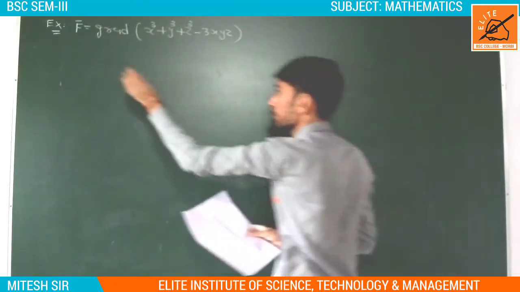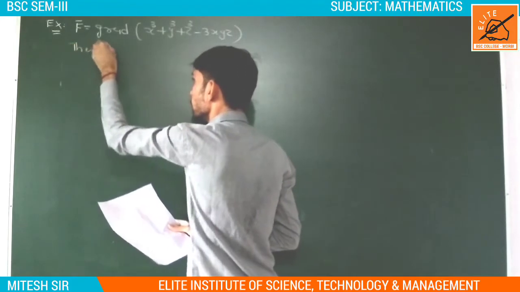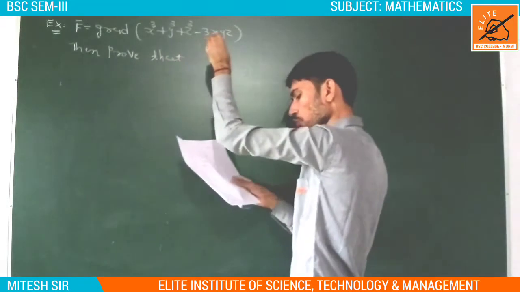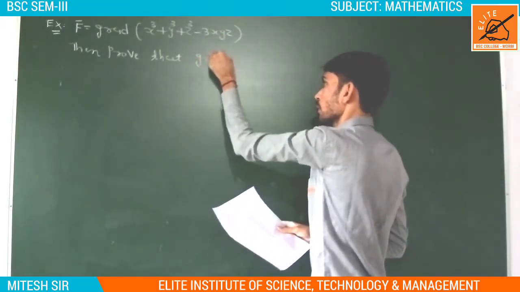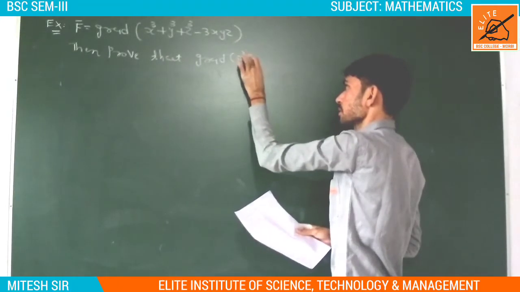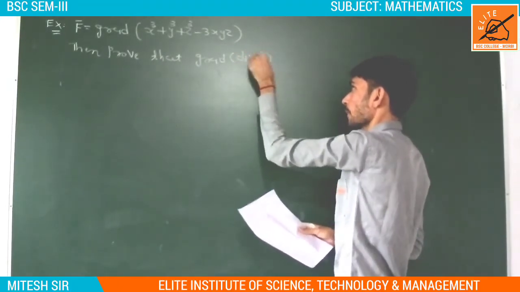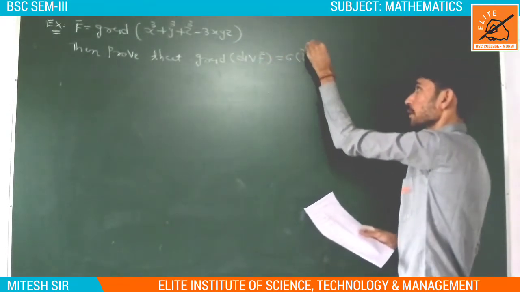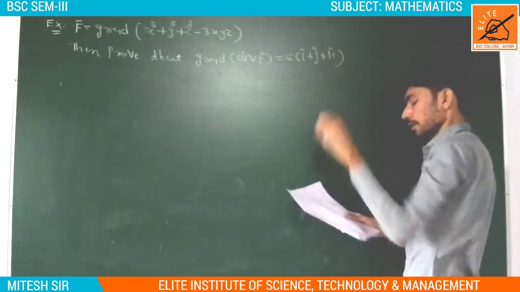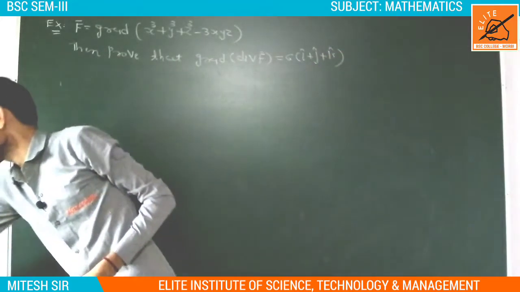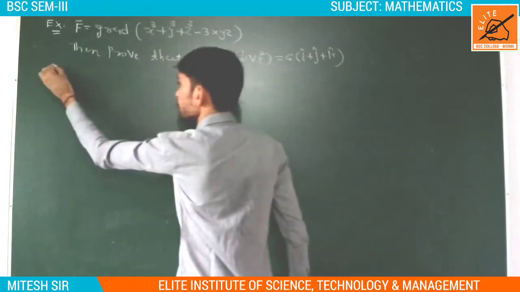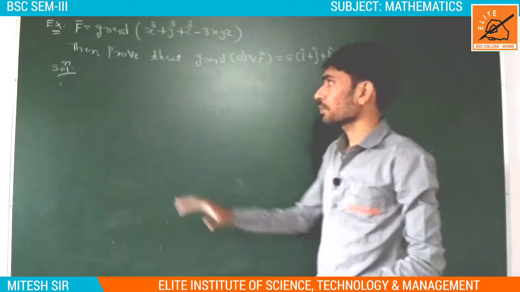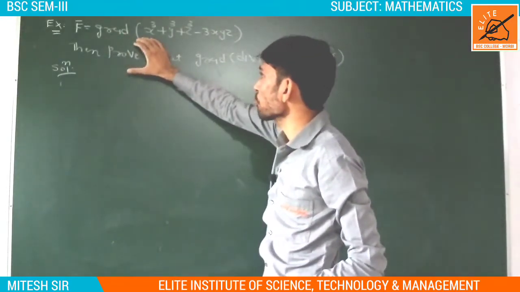Then prove that gradient of divergence f bar is equal to 6 of i plus j plus k.